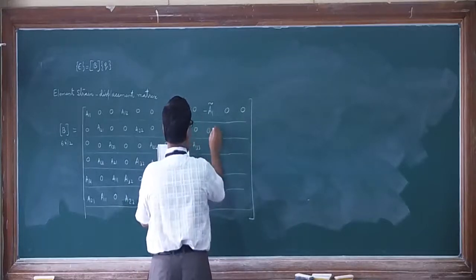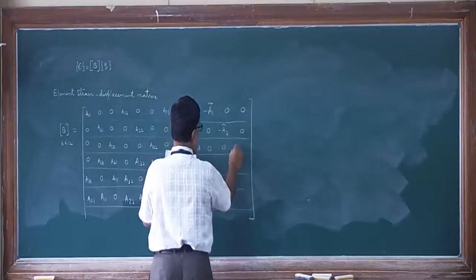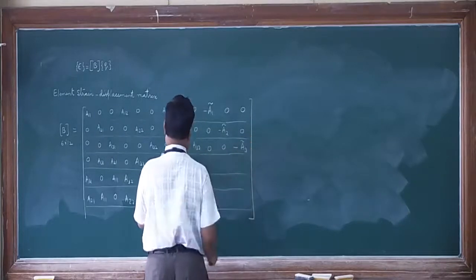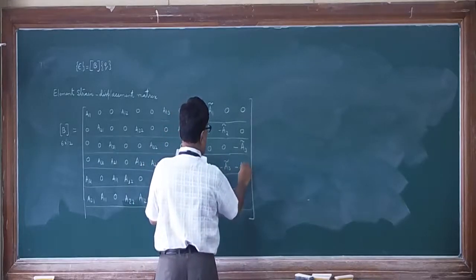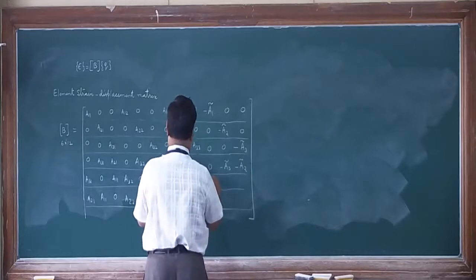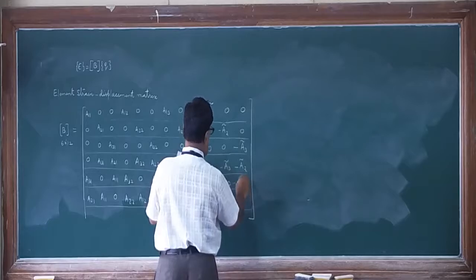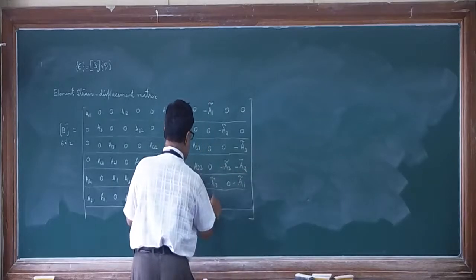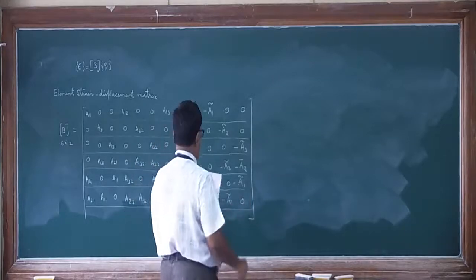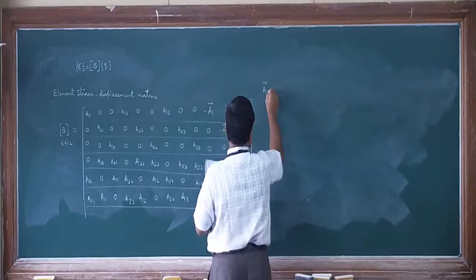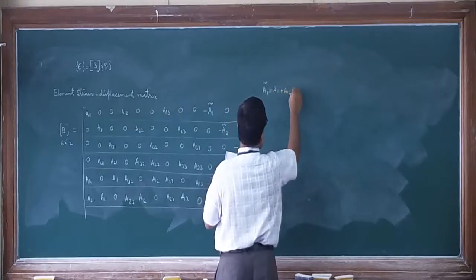Now this is going to be 0, minus A2 hash, 0, 0, 0, minus A3 hash, 0, minus A3 hash, minus A2 hash, then minus A3 hash, 0, minus A1 hash, minus A2 hash, minus A1 hash, and 0, where A1 hash is equal to A11 plus A12 plus A13.